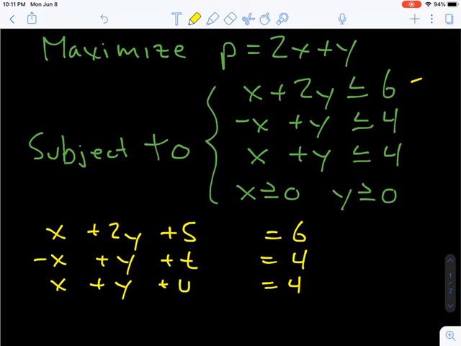And then the last equation, we go to our objective function. The objective function must always be on the bottom. And we create this equation by taking the terms on the right-hand side of the objective function and subtracting them to the other side. So we have negative 2x minus y plus p equals 0.